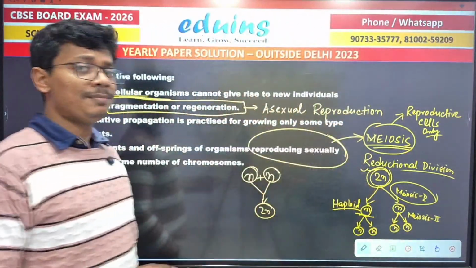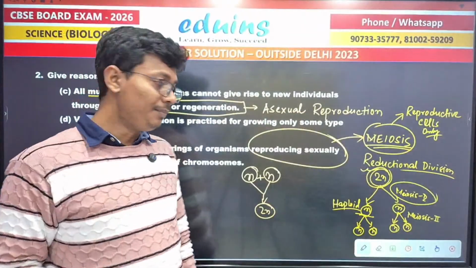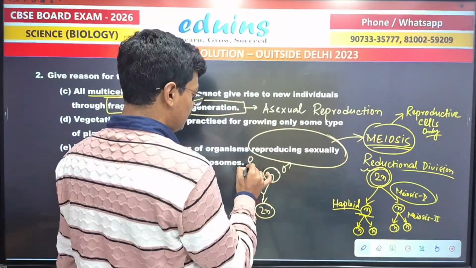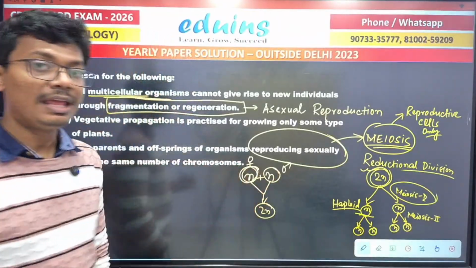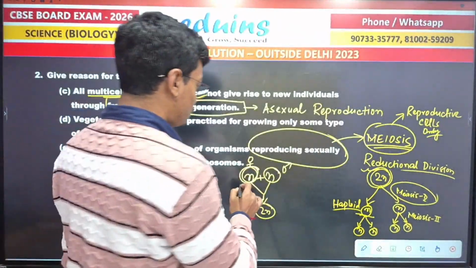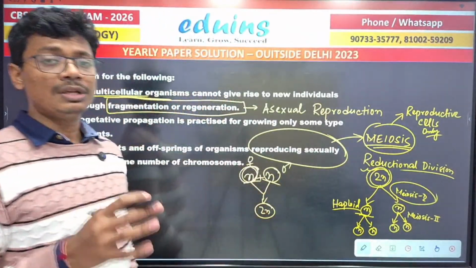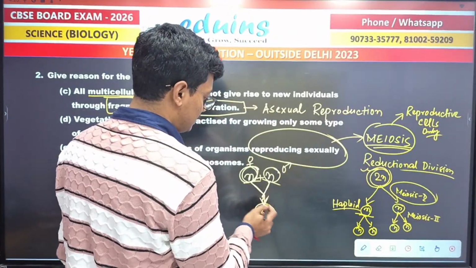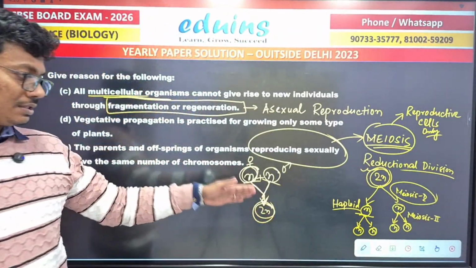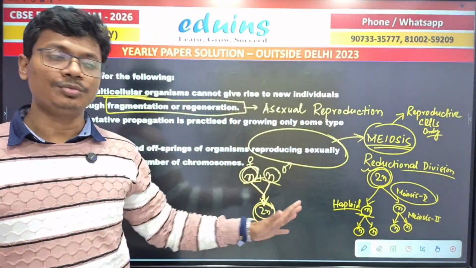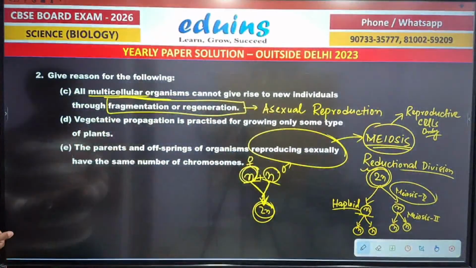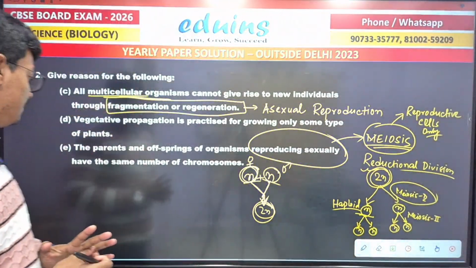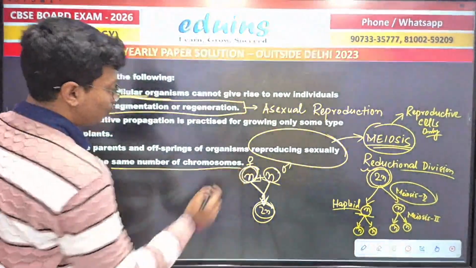In the father, there are sperm which contain n, and in the mother, the ovum also contains n, the half number of chromosomes. The two half-number cells fuse together and form the zygote, which contains 2n chromosomes. That's why the parents and offspring of organisms reproducing sexually have the same number of chromosomes.